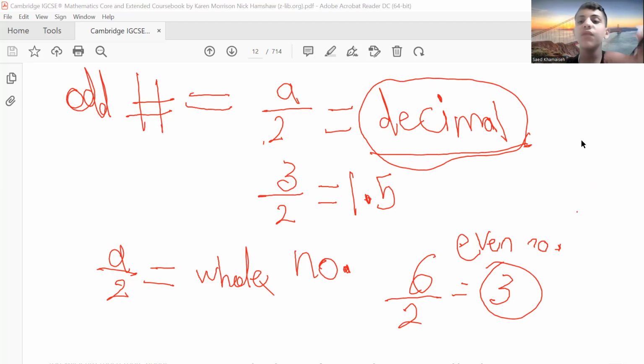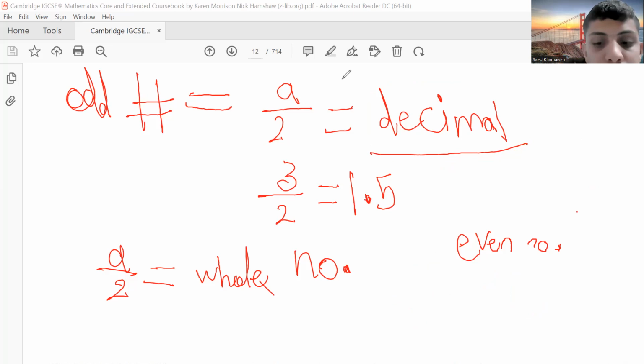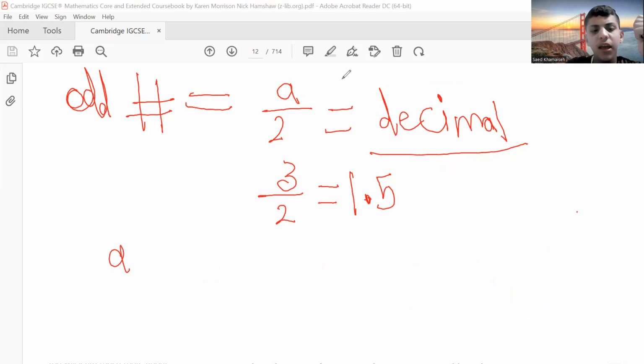An odd number, when I divide it by 2, will give me a non-exact number. But when I divide an even number by 2, it will give me an exact whole number. Only that.